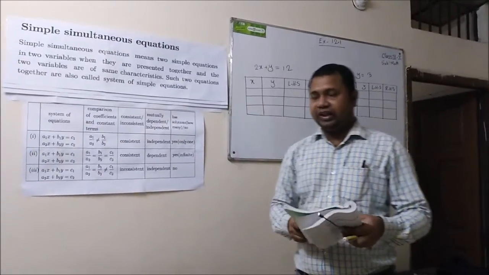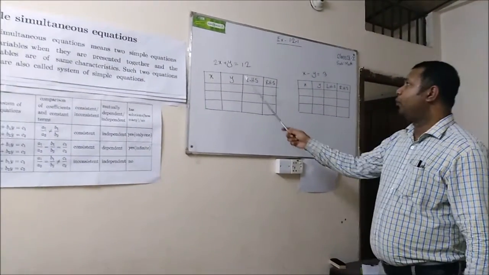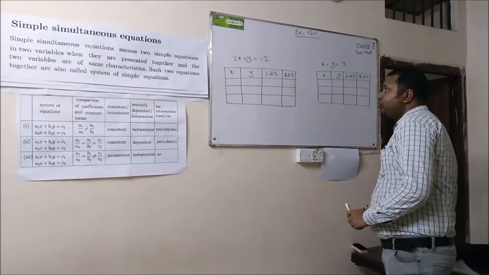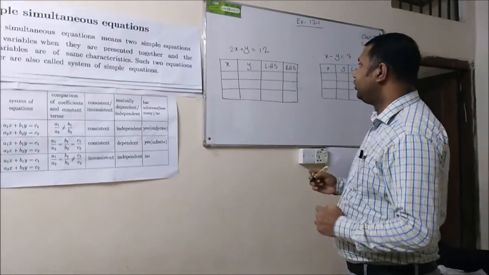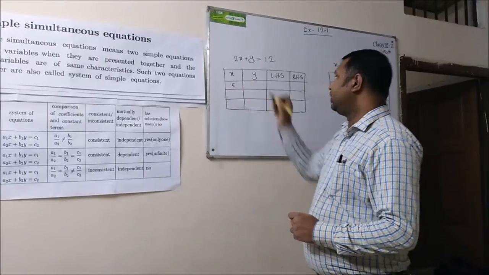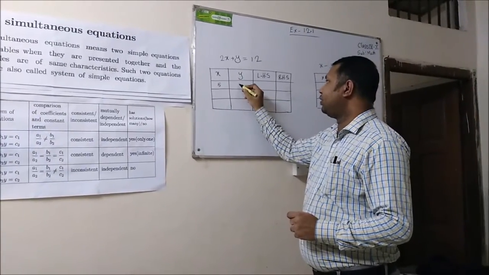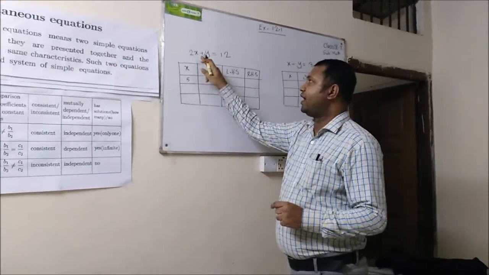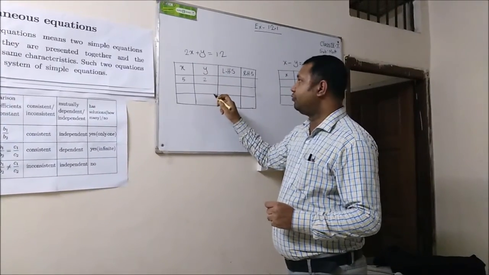So here you can see on the board I am writing an equation, 2x plus y equal to 12. If I put the value of x equal to 5 and the value of y equal to 2, then you will see 2 into 5, that is 10, and for the value of y, 2.